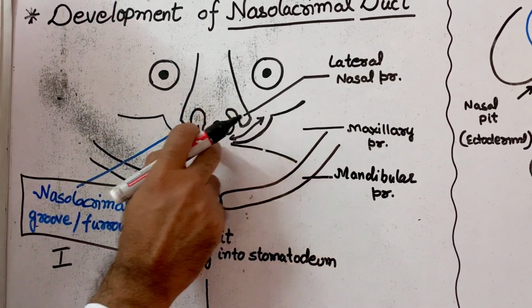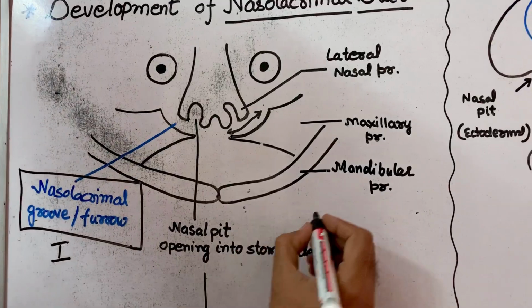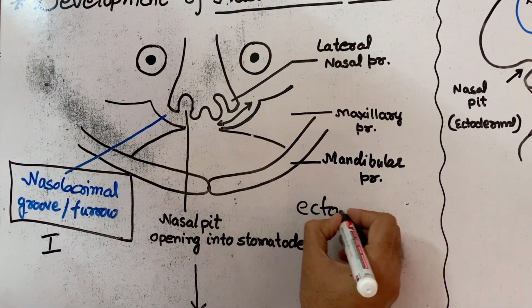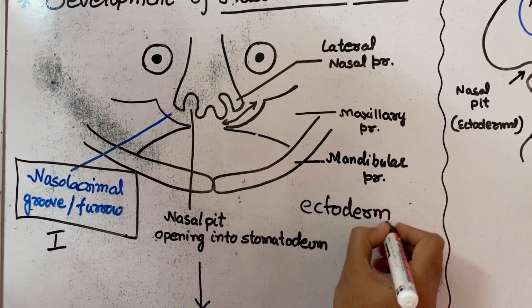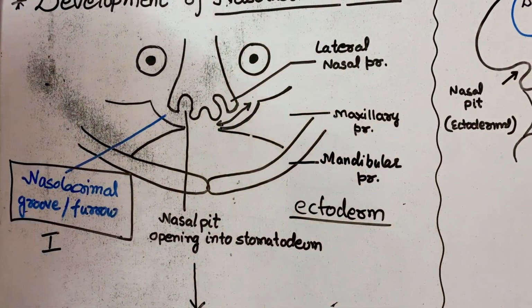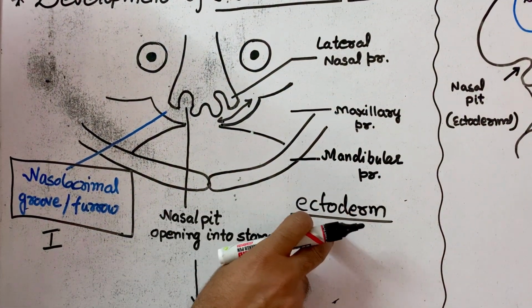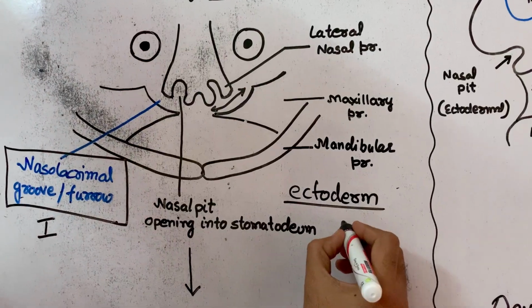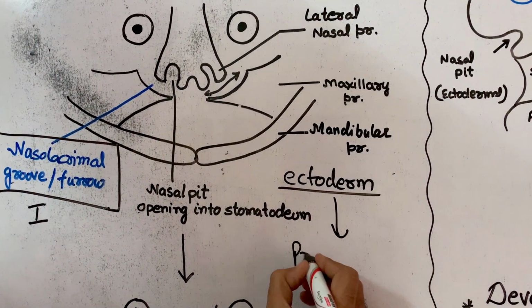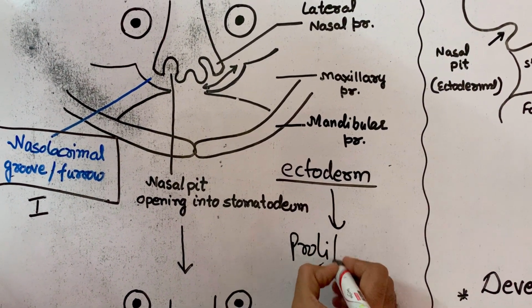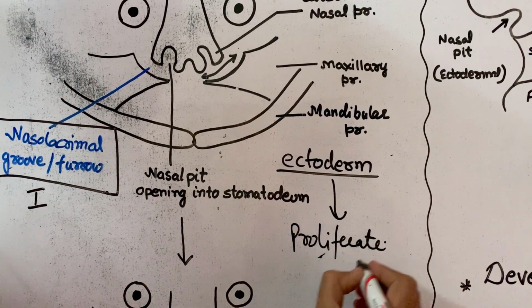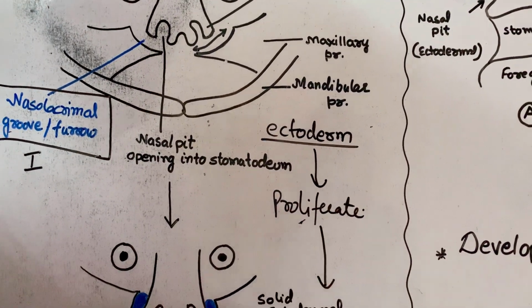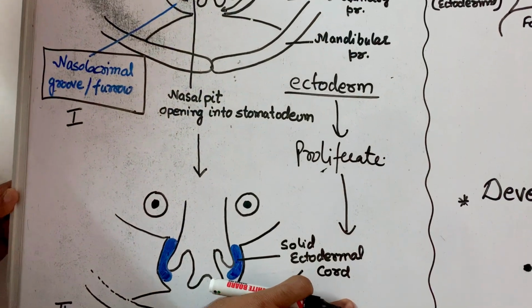This complete groove as well as the furrow is lined by the ectoderm. Now, the cells from the surface ectoderm proliferate and develop into the solid ectodermal cord.